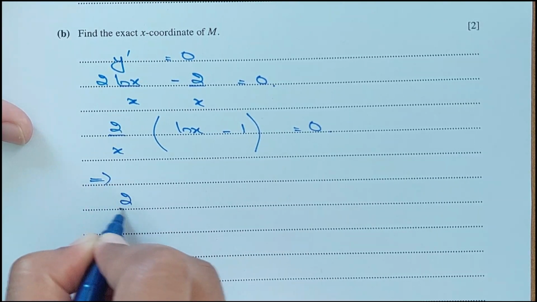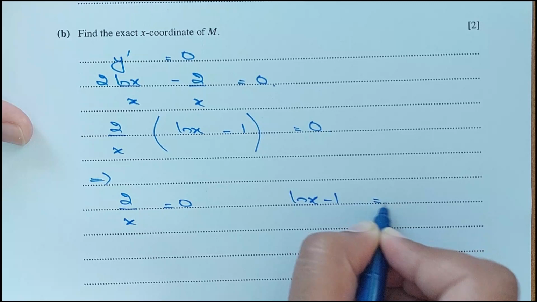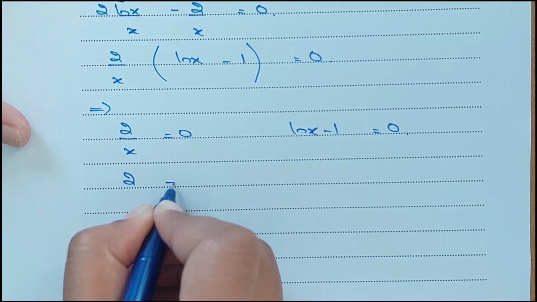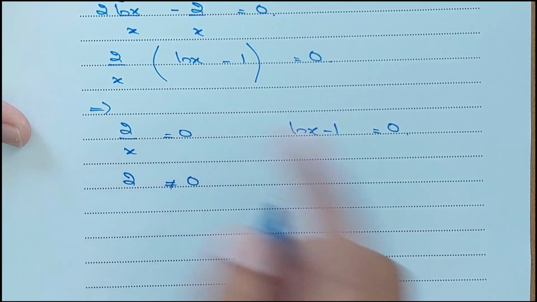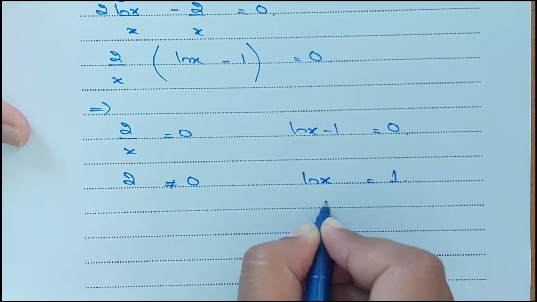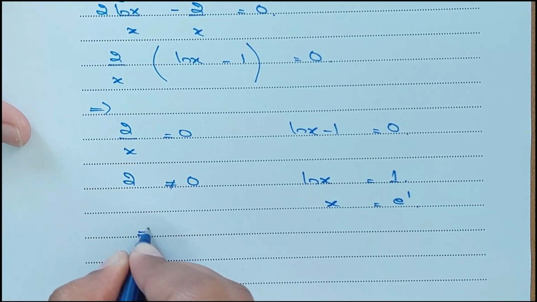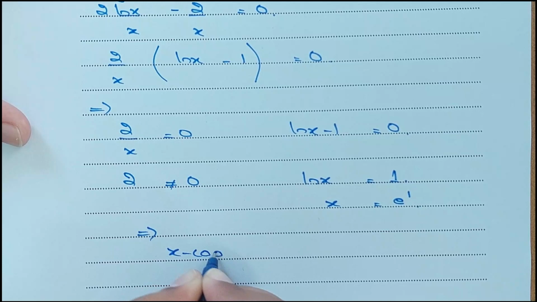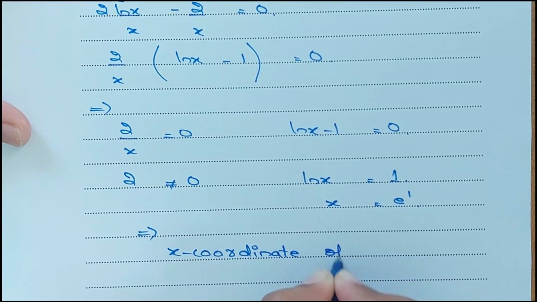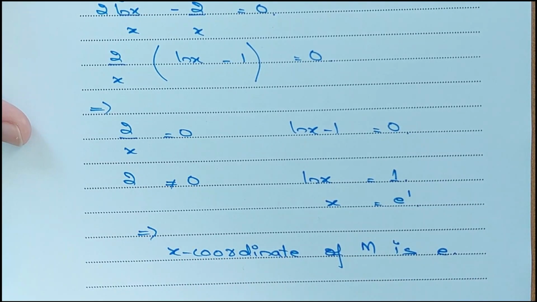So 2 over x equals 0 or ln x minus 1 equals 0. 2 over x is not 0, so ln x equals 1 and x equals e power 1. So the x coordinate of the minimum point M is e.